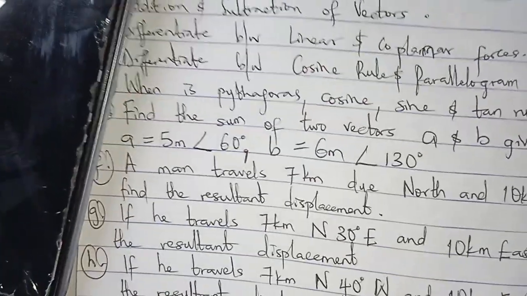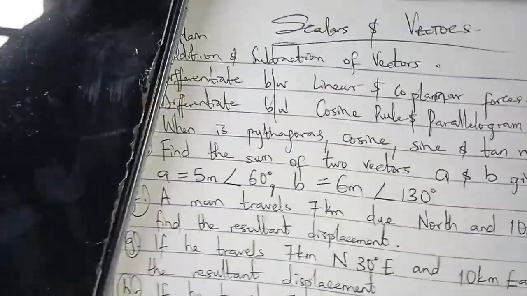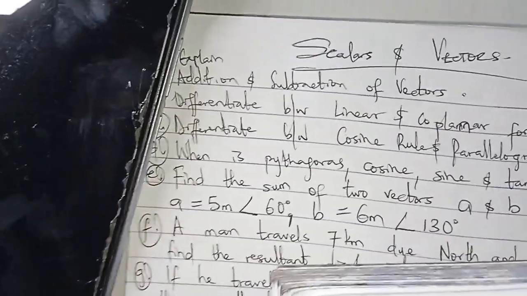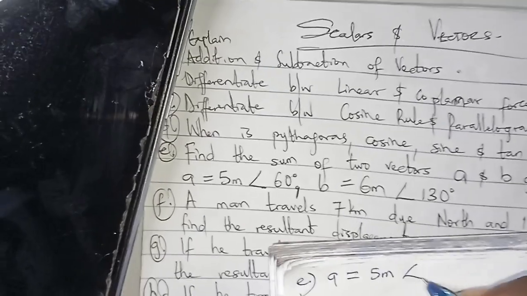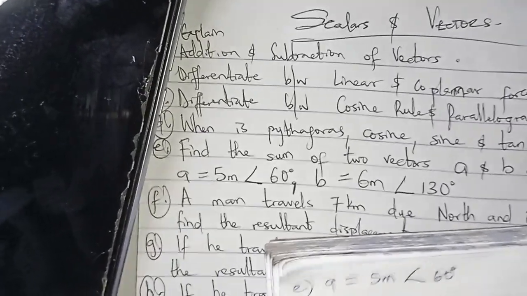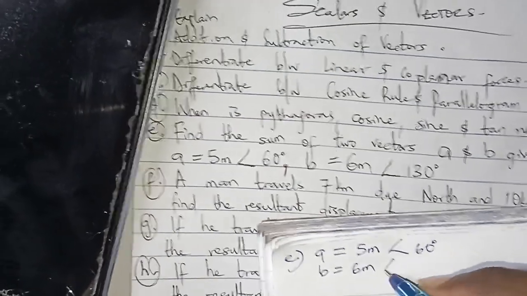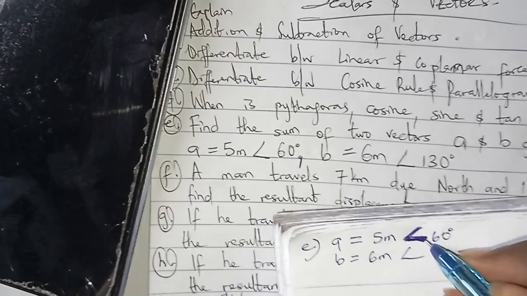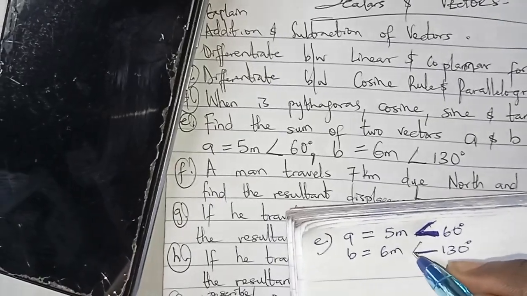So to get this, I'll simply do, so question E. A equals 5 meter, angle 60 degrees, then B equals 6 meter, angle 130 degrees.